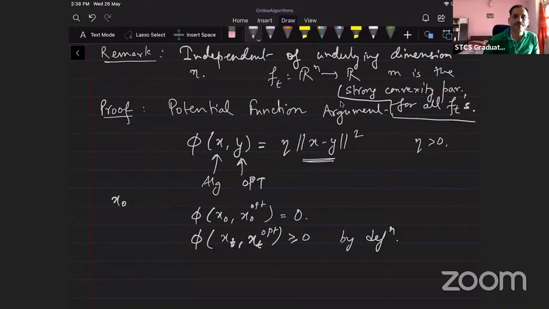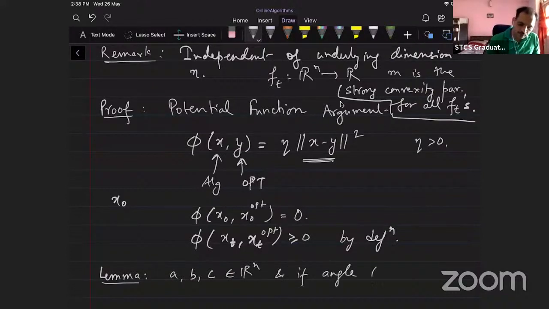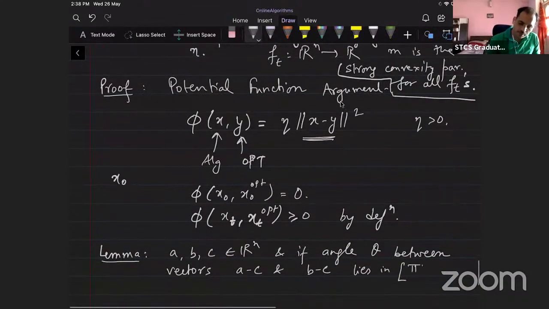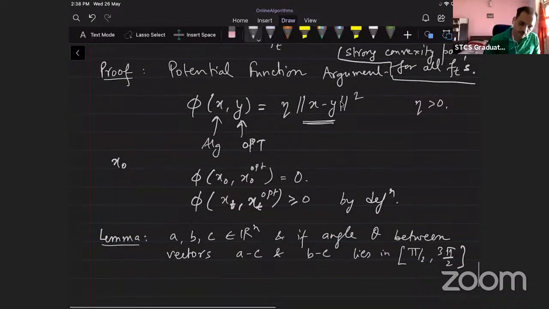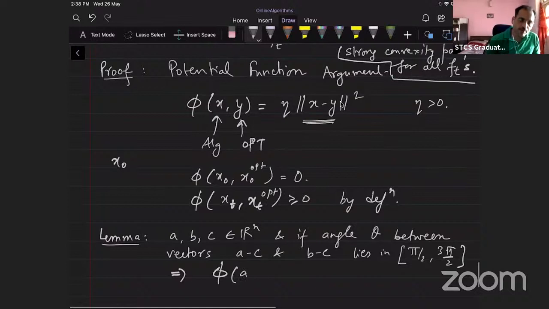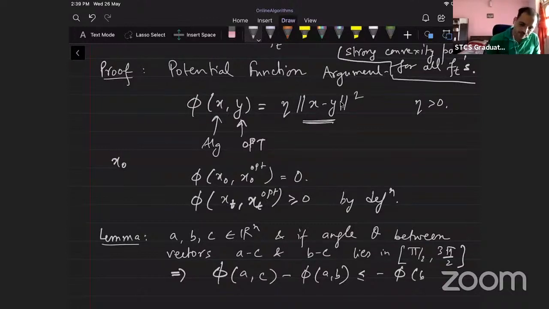All right. So there are some simple geometric lemmas. So let A, B, and C belong to R^n, and if the angle theta between vectors A minus C and B minus C lies in pi by 2 to 3 pi by 2, then phi of A, C minus phi of A, B is less than or equal to minus phi of B, C. So these are elementary.